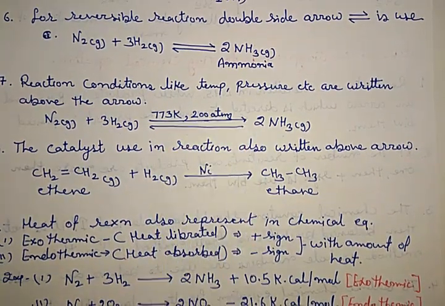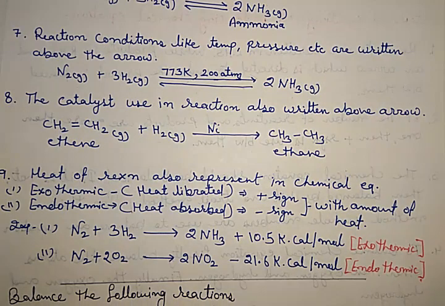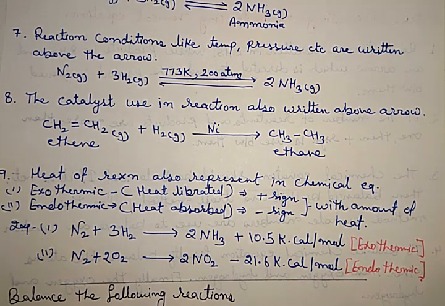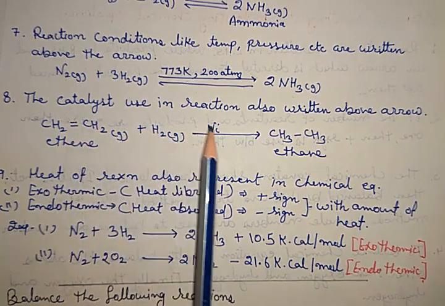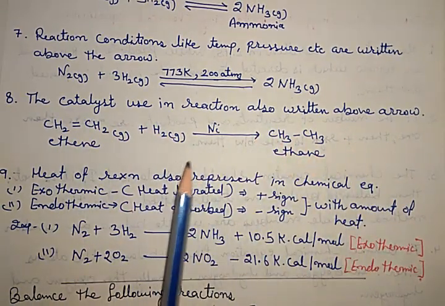Okay. Now the 8th is catalyst. Catalysts are those chemicals which change the rate of reaction. That means they can make it slow or fast and remain unaffected themselves, and are called catalysts. The catalyst used in a chemical reaction is also written above the arrow.